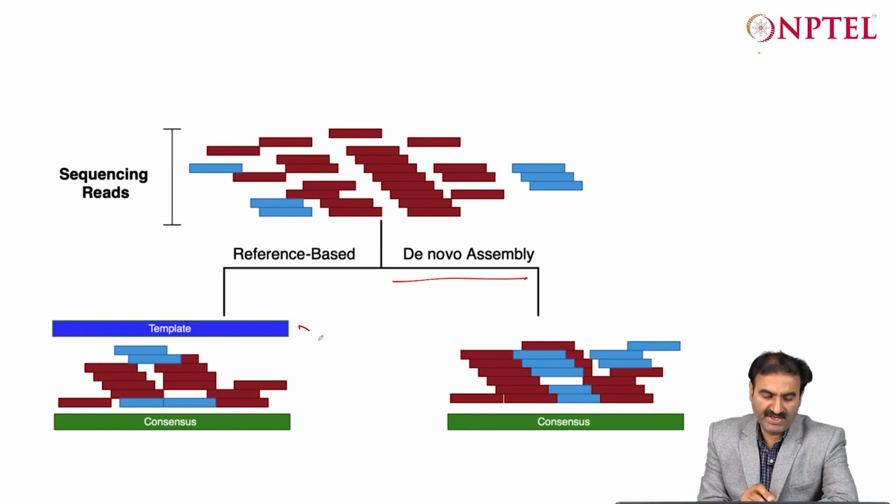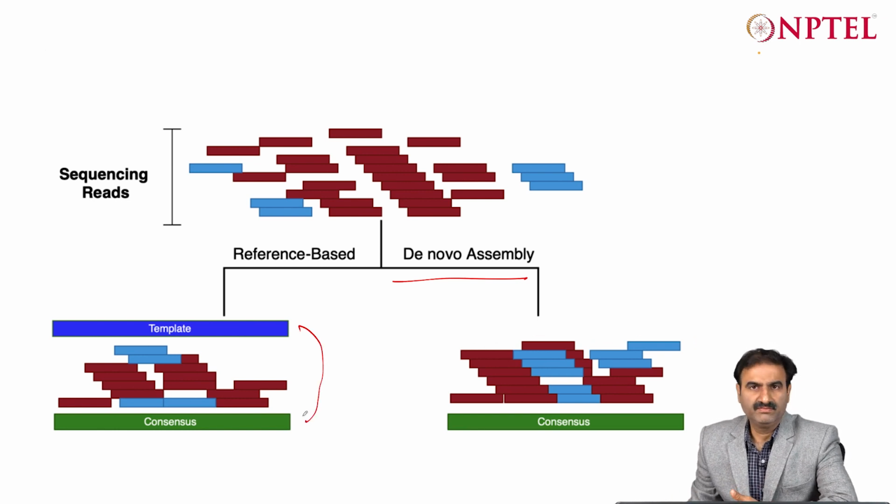Or you already have a template. For example, E. coli infections are spreading, so you are isolating a new strain and comparing with the known E. coli strain and looking at the differences. In that case you will be mapping the new genomic reads onto the previously existing E. coli strain and comparing, and after that mapping, reconstructing the genome.